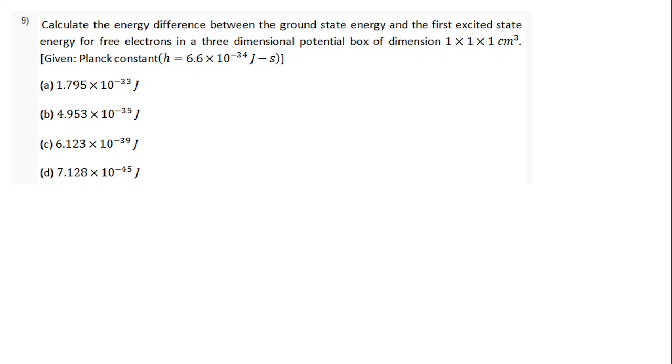Okay. Next question. Calculate the energy difference between the ground state energy and the first excited state energy for a free electron in a 3D potential box. So we have a potential box, but this time it's 3D.